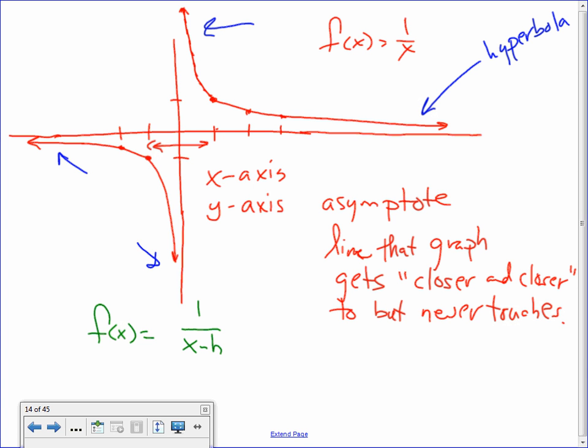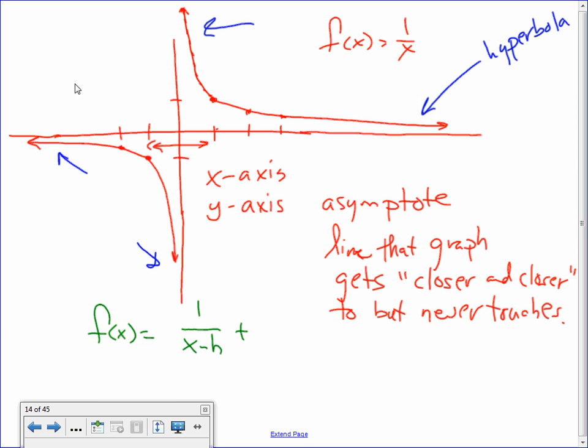In other words, the vertical asymptote of the graph, which is really kind of the middle of the graph, would be shifted h units to the right. Now, if we had x plus h, where h was a positive number, it would shift it h units to the left. Now, remember also the x-axis is the horizontal asymptote. It's kind of the center of the graph as well.